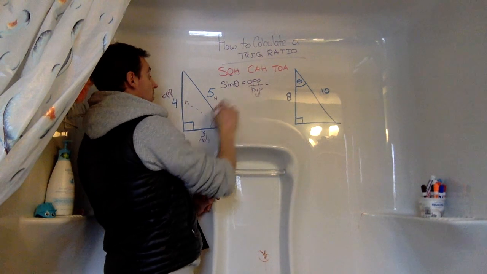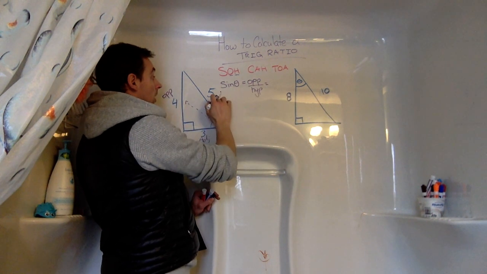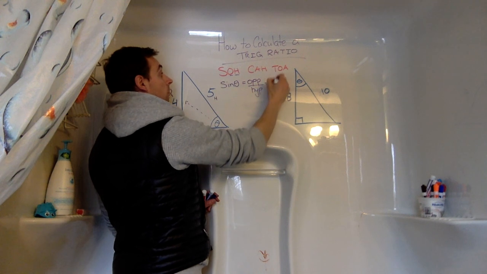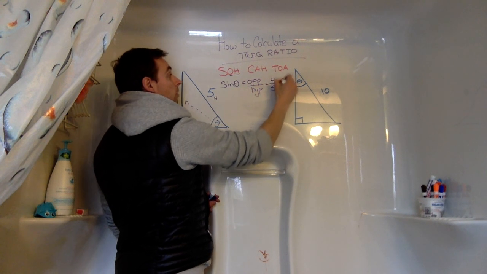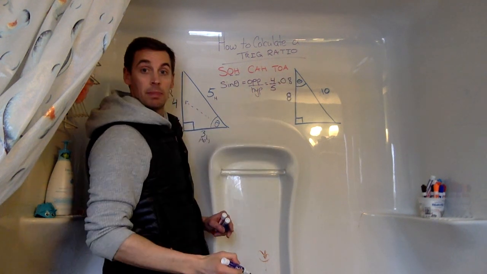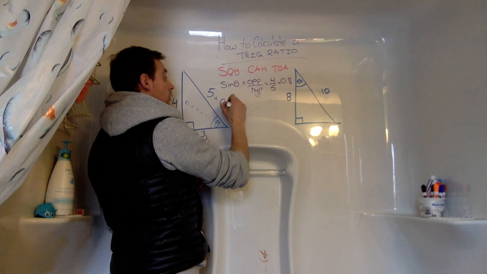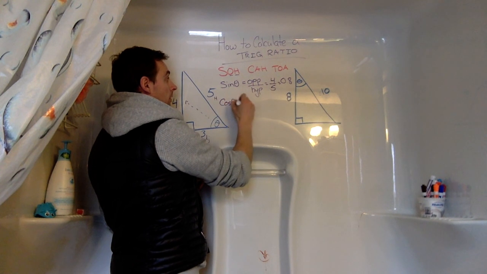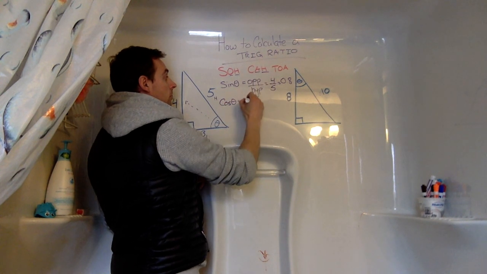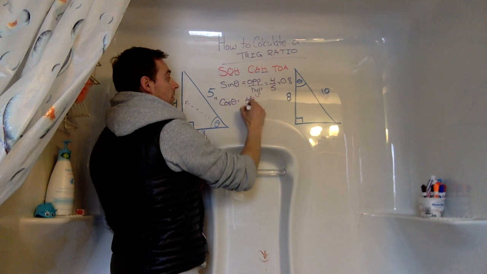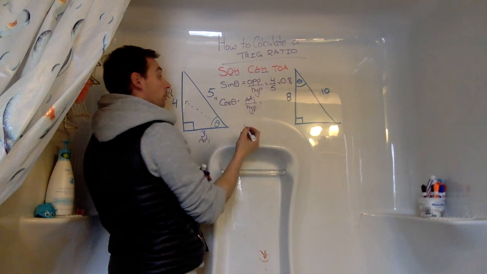So for sine, opposite over hypotenuse, I have opposite, I have hypotenuse, so I would have 4 over 5, or a value of 0.8. If I did cosine, which is adjacent over hypotenuse, I plug in my values.